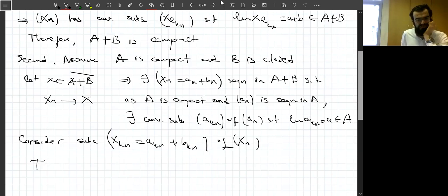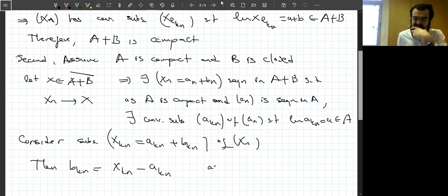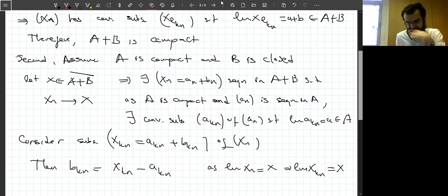Then clearly b_{k_n} equals x_{k_n} minus a_{k_n}. As the limit of x_n is x, the limit of x_{k_n} is x, and any subsequence of a convergent sequence converges to the same limit. Okay?